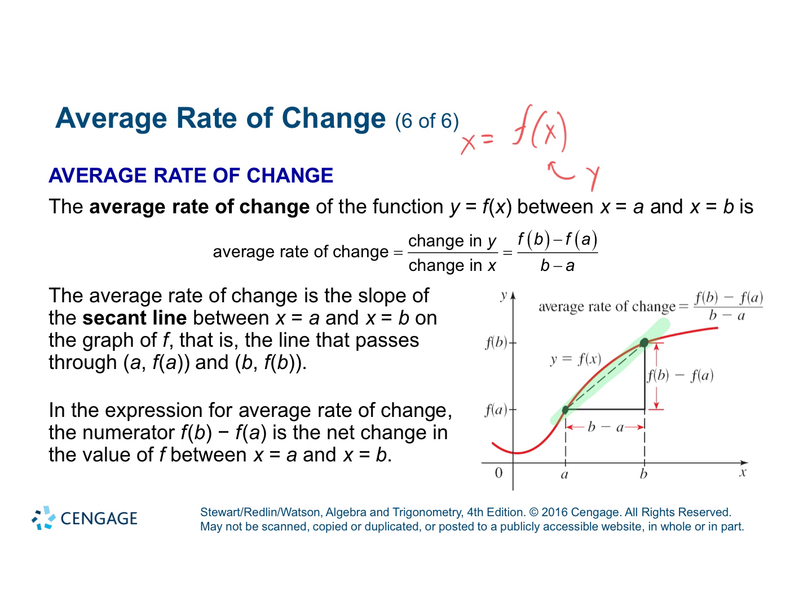Now, in the expression for average rate of change, the numerator is f of b minus f of a, or just y2 minus y1. That is the net change in the value between x equals a and x equals b. Again, this is just a lot of words to say the same thing. You're going to have those 2 points, and you're going to find the rate of change based on those points using the same formula we have been using, which is y2 minus y1 over x2 minus x1.